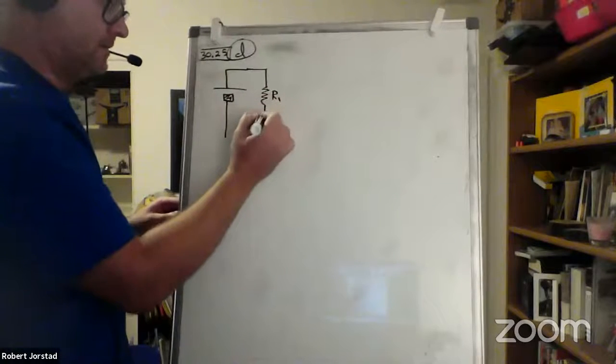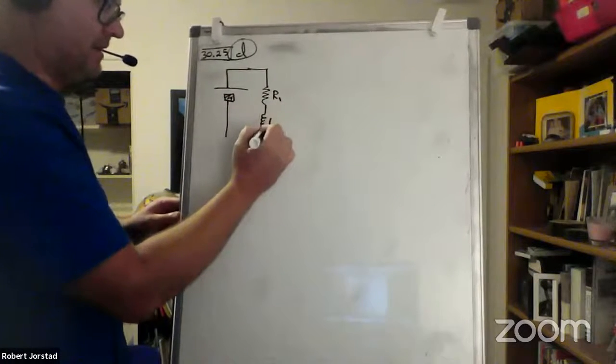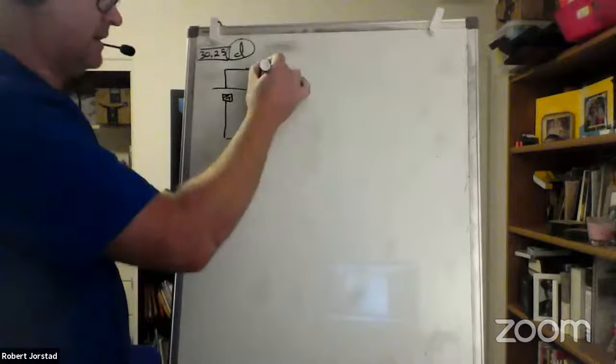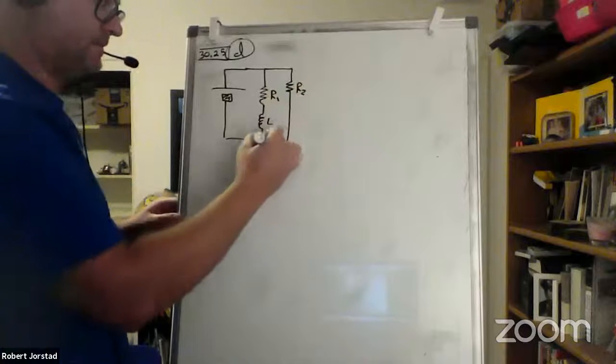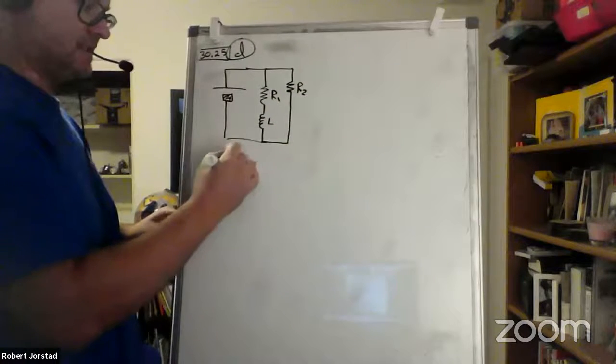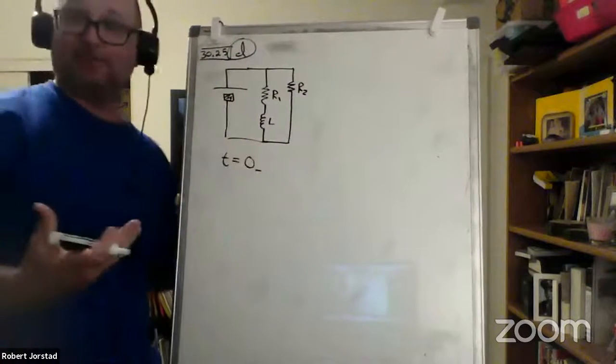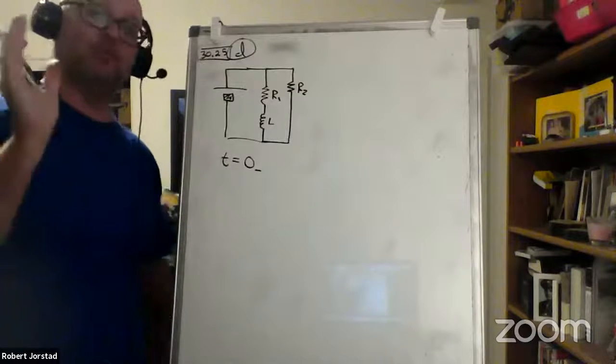R1, L, R2. This is the t equals 0 minus picture now, because we're going to reopen the switch.